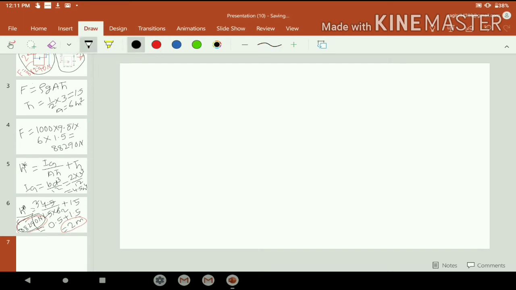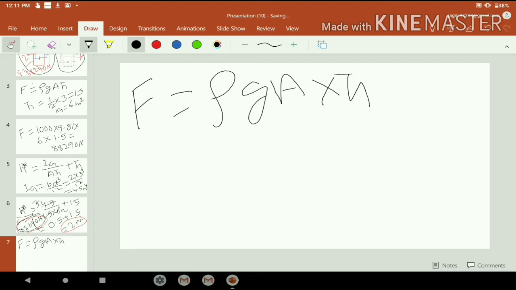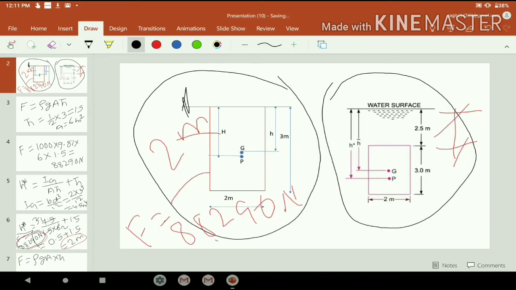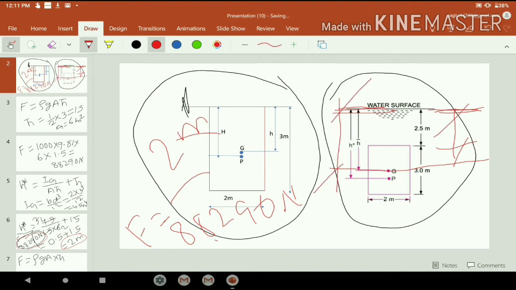In this part also we have to find out first the F. For F, the same formula, rho g A into h bar, but here the h bar is different. H bar means the distance from the free water surface to the position of center of gravity, means this distance.